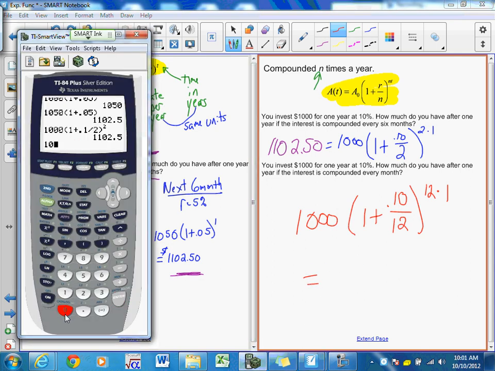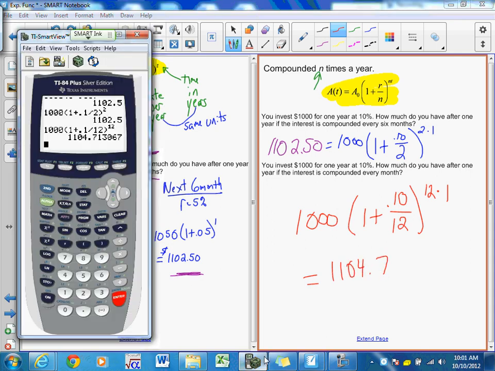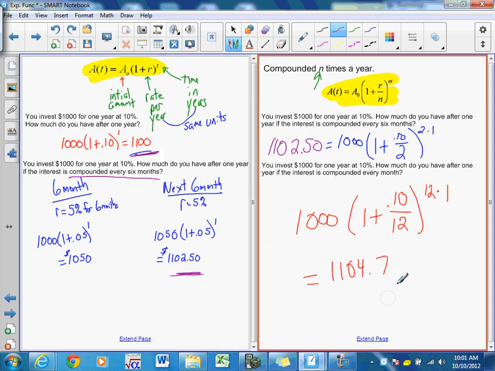So we have 1,000 times 1 plus 0.1 divided by 12, 12 months in a year, raised to the 12, and I made a little bit more. So, not a lot more, but $2.